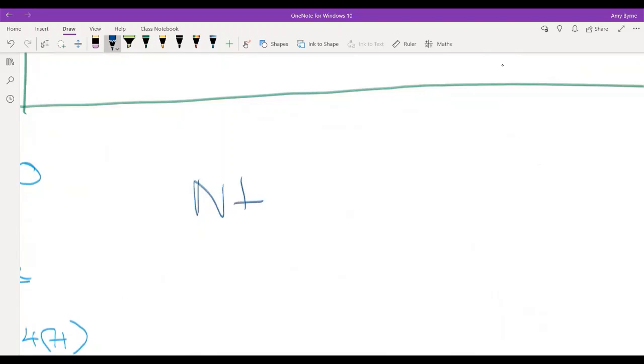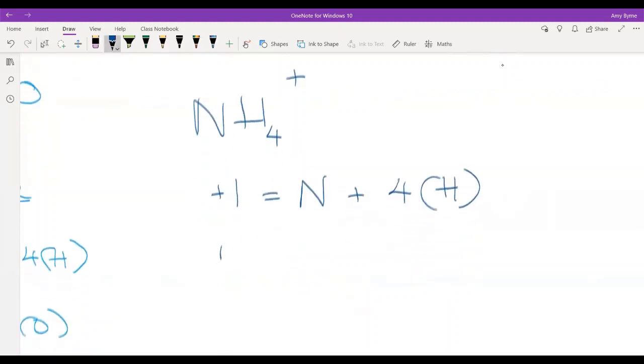So NH4+. Overall, +1 has to equal nitrogen plus 4 times hydrogen. By convention, my hydrogen is a +1. And then, like grade 7 algebra, the nitrogen would have an oxidation state of -3.